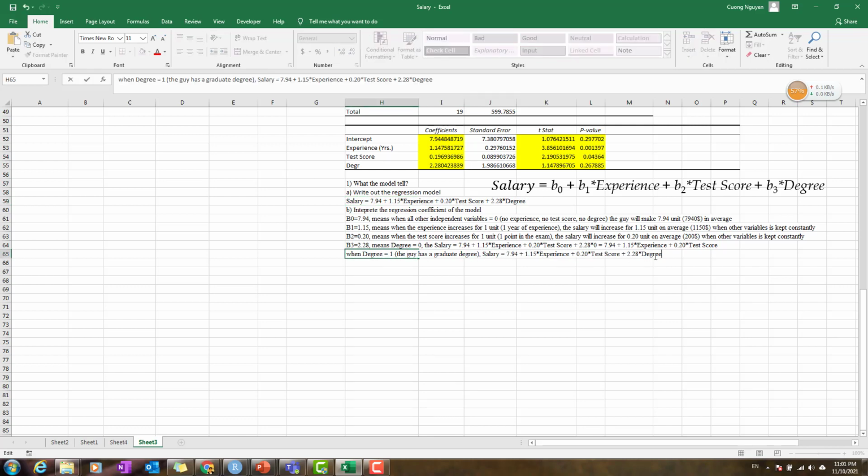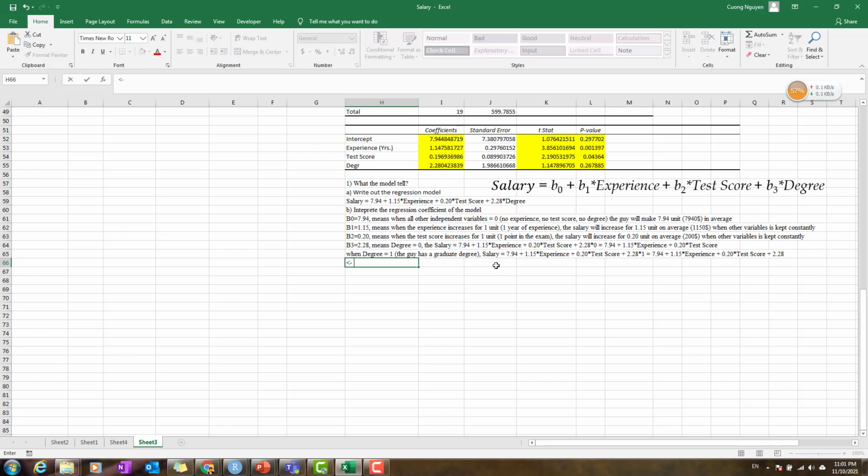With degree equal to 1, right? And that means, one more time, the salary will be equal to that, but with degree equal to 1. You can see it over here. The two salary functions are totally the same, but they're different for the second one when degree is 1. That means they add 2.28.